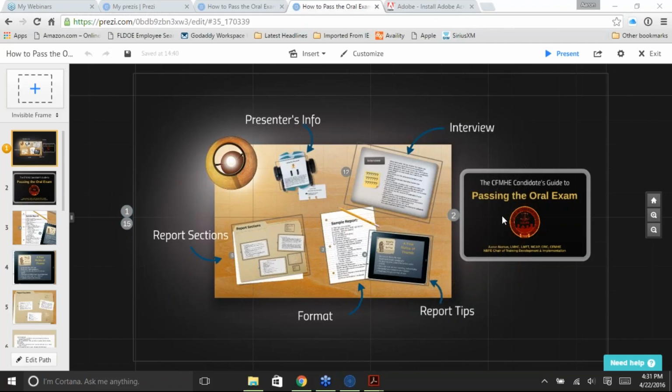Once you've passed the written examination, you can start working with Kathy Lanthorn, who is your mentor, who chairs the mentor committee. She can work with you on that first report that you create, which you then submit to her, and she critiques and reviews and provides you with feedback.